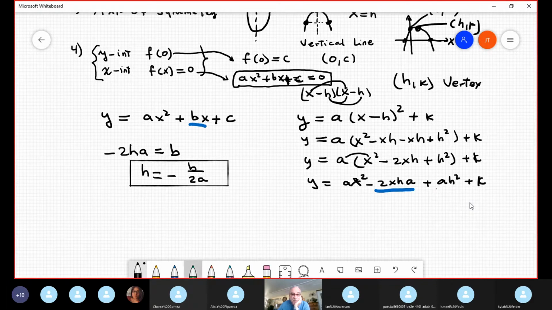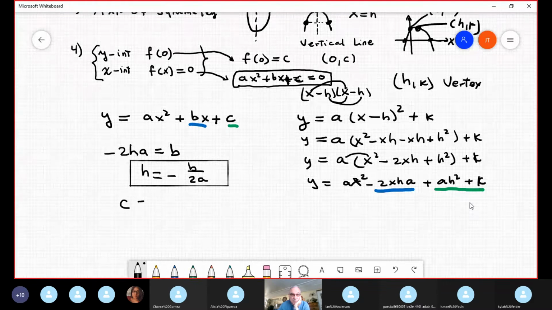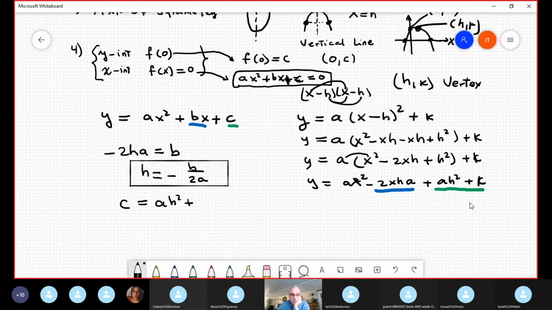The rest is this guy. I'm going to use another color. It is equal to c. So the conclusion is c is equal to ah squared plus k. Then we use manipulation and substitute h with that value. I get the k value, and k is equal to c minus b squared over 4a.